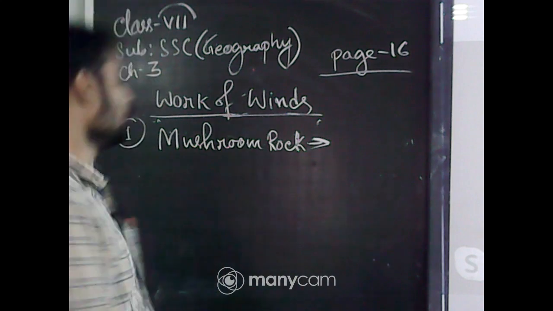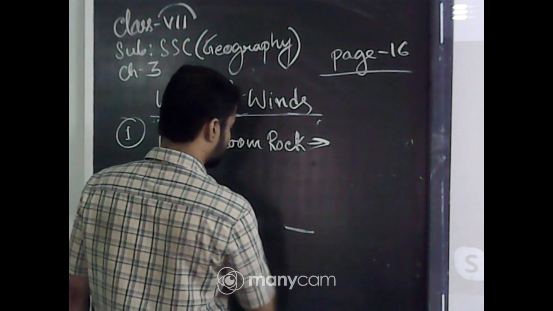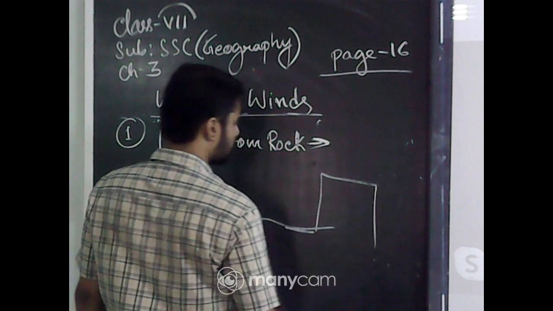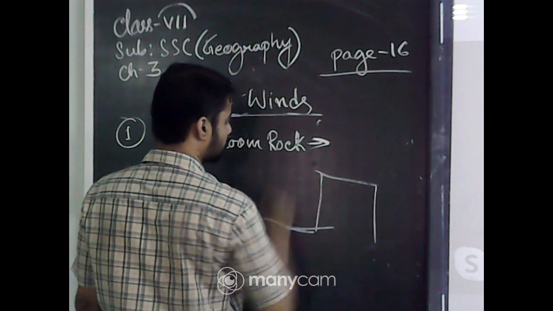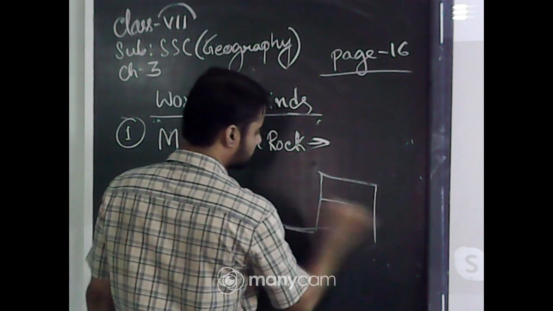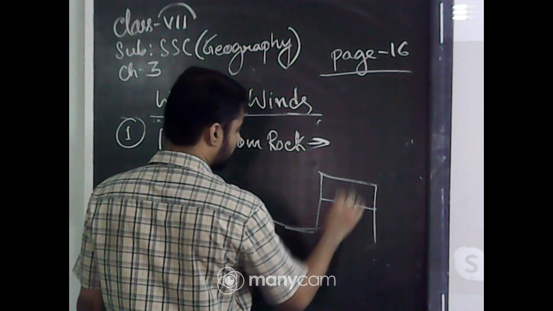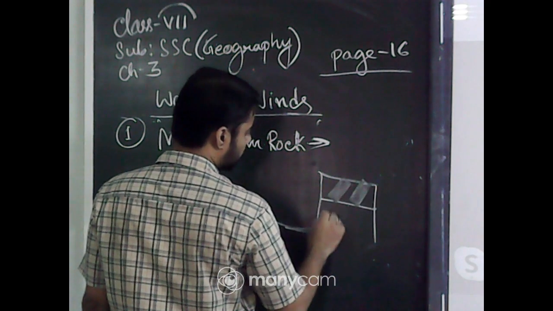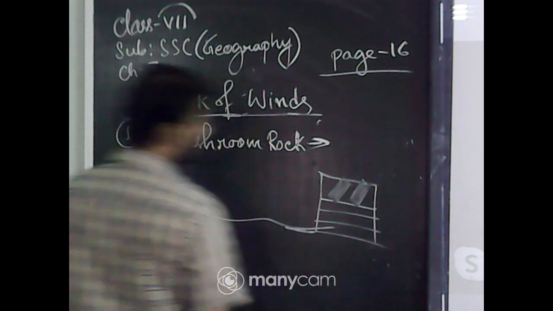In desert areas, when rocks are present with a hard layer and also a soft layer, what happens?